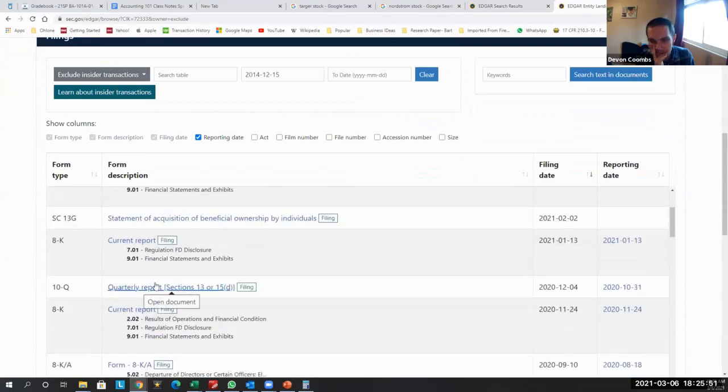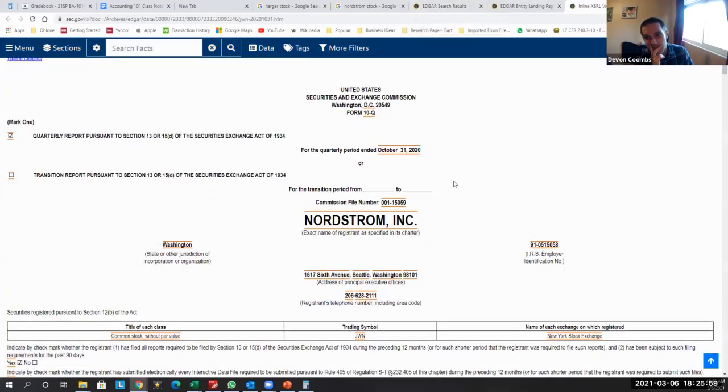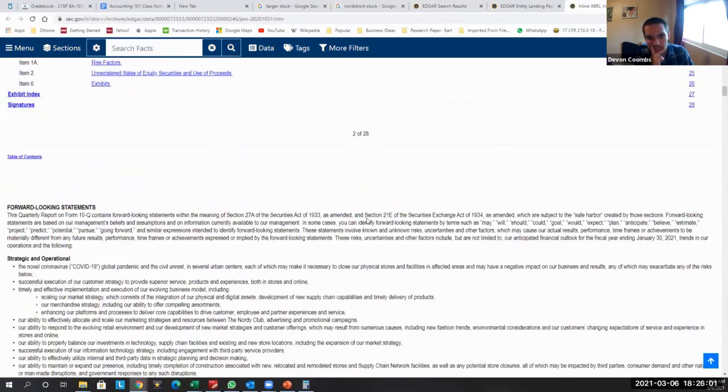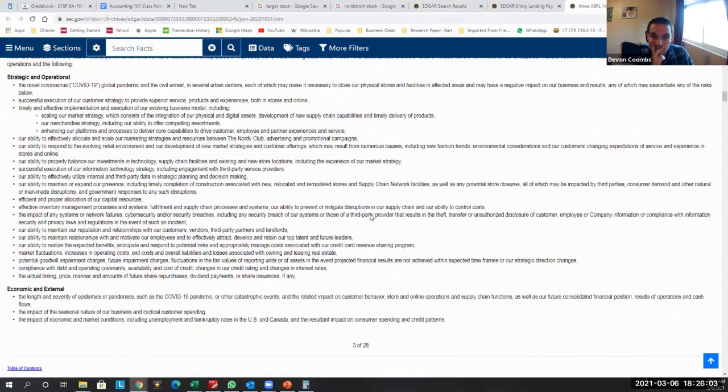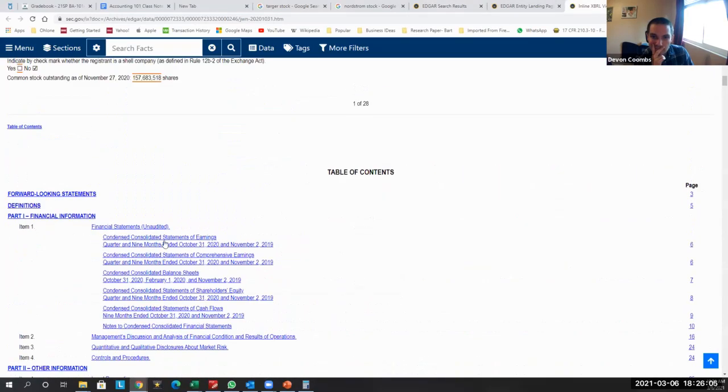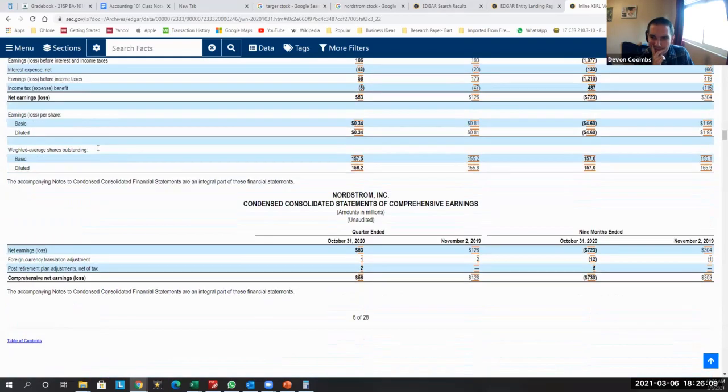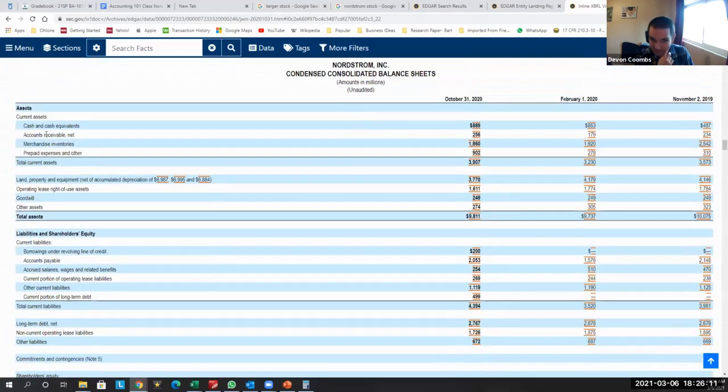So let's look at Nordstrom here. Nordstrom's accounts receivable will pop up in a second. We'll find our accounts receivable on the consolidated balance sheet.